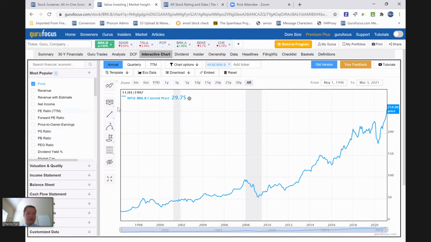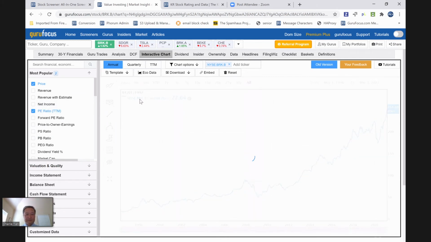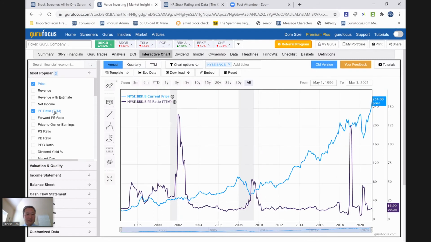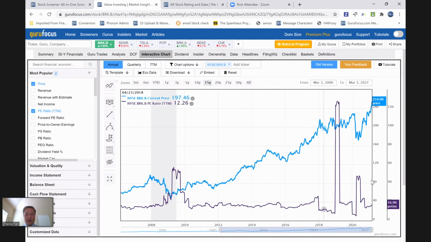First, it's the stock price, of course. Now if you look at the P/E ratio of Berkshire Hathaway, I just click on P/E ratio and look at the last 15 years.